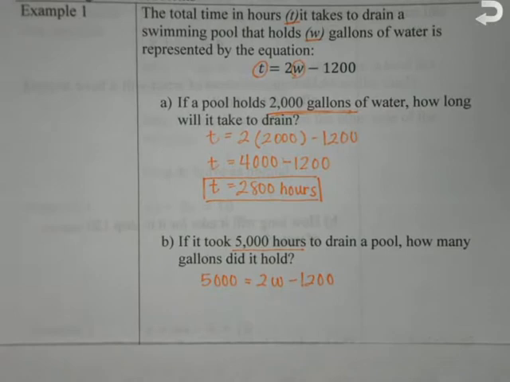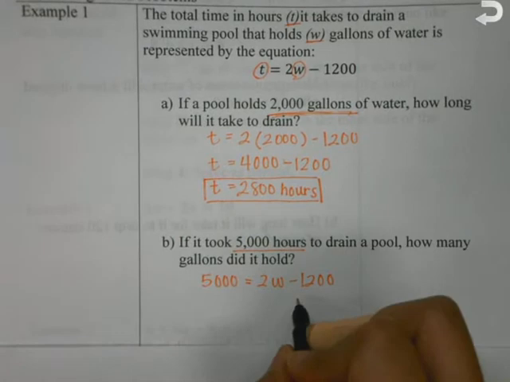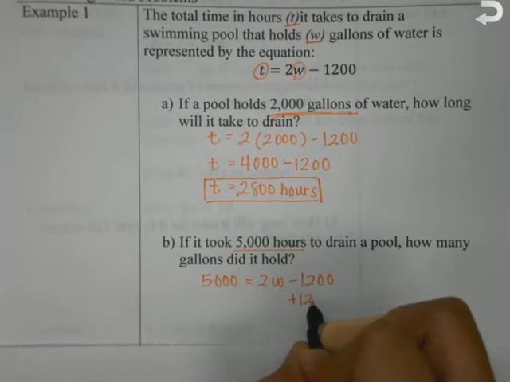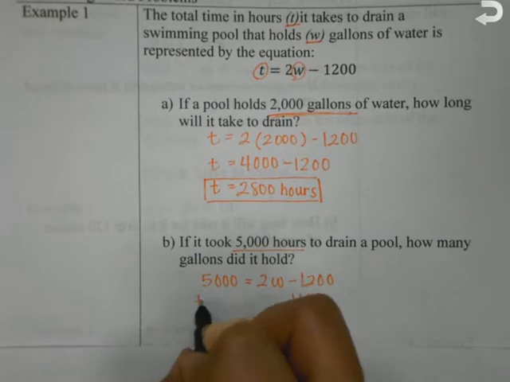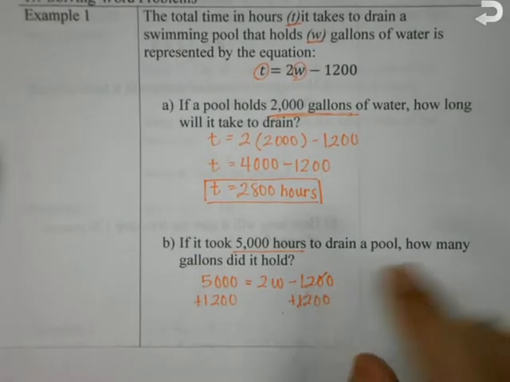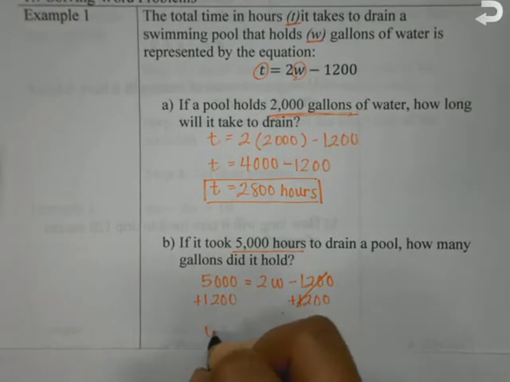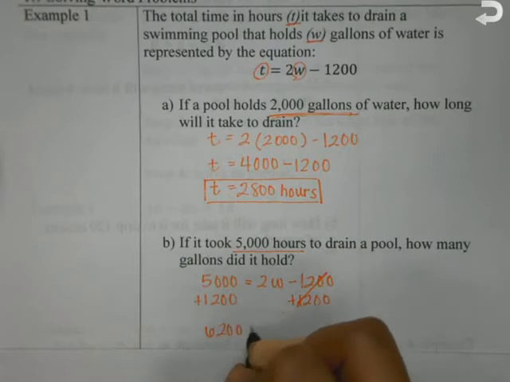And then I need to solve this. So I need to get W by itself. So what should I do first? Good. Add 1,200 to both sides, because negative 1,200 plus 1,200 turns into 0. And this is going to give me 6,200 equals 2W.